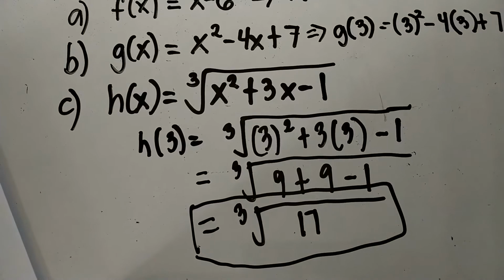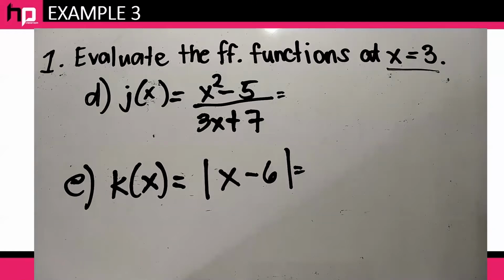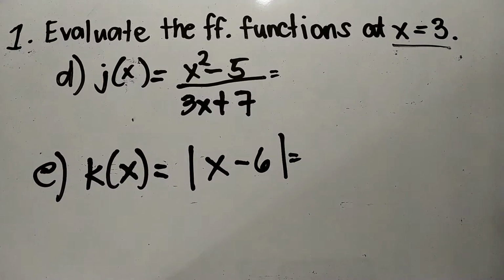So we will answer the last 2 functions. Now, next natin, evaluate naman itong the rest of the functions at x equals 3. To continue with our activity, let's evaluate the following function at x is equal to 3. What if we have j of x is equal to x squared minus 5, which will be all divided by 3x plus 7.